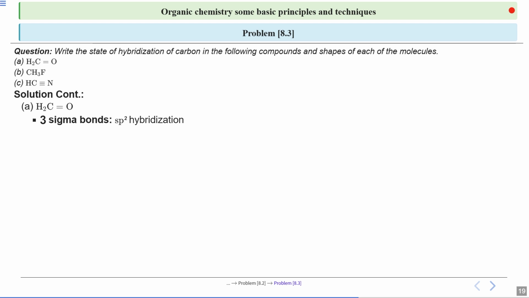How? There are 2 sigma bonds with the hydrogens for the carbon and 1 sigma bond with the oxygen. Therefore, it will have sp2 hybridization. If it is sp2 hybridized, that means the shape will be trigonal planar. So we can represent it here, sp2 or trigonal planar carbon. This is the first one.